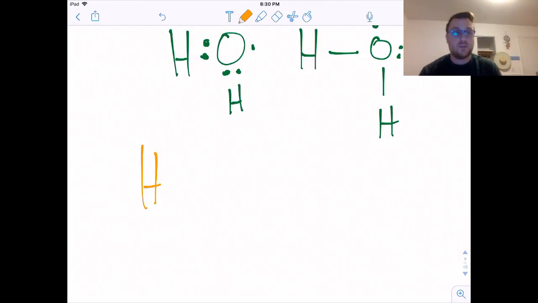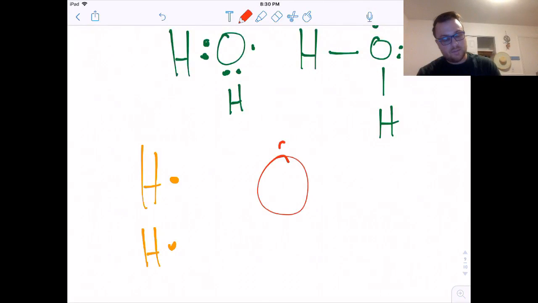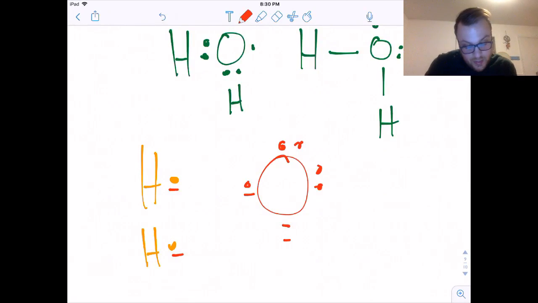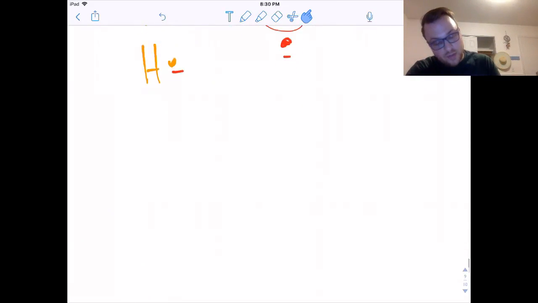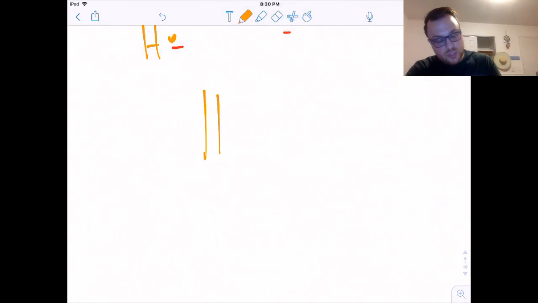Again, they each have a lovely 1 electron on each hydrogen, and the oxygen has 2 electrons, just ready to share with somebody, looking for a friend. Please partner up with me. So, partner them up. The hydrogens will share their 1 electron with the oxygen, and you will form a molecule of water.